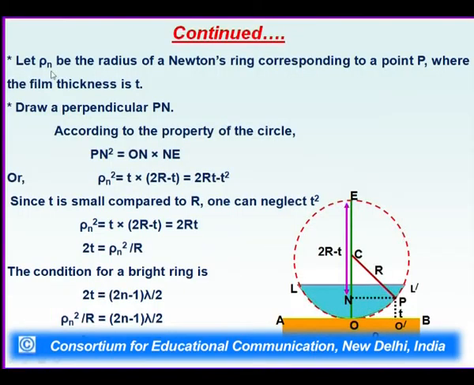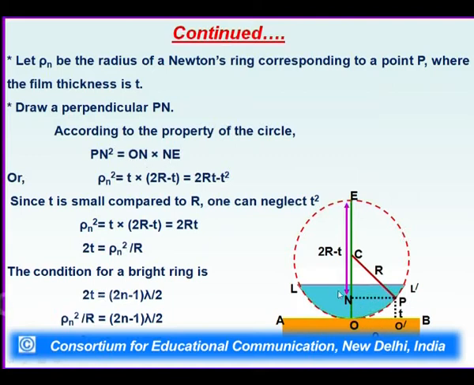Now rho n is the radius of Newton's ring corresponding to the point P where the thickness of the film is t. Now draw the perpendicular PN on EO, and according to the property of the circle, we get PN square is equal to ON cross NE.